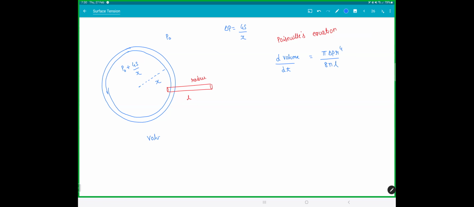At any instant, the volume is 4 by 3 pi x cube. So d volume will be 4 by 3 pi 3x square dx, which is 4 pi x square dx. Minus sign because x is decreasing.